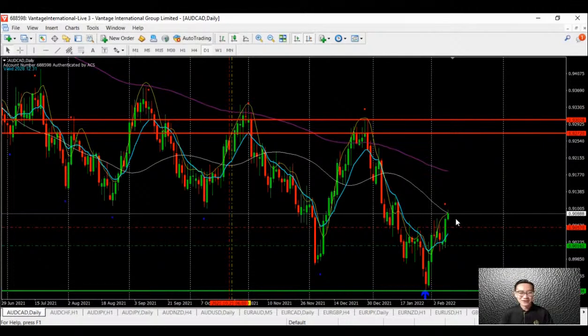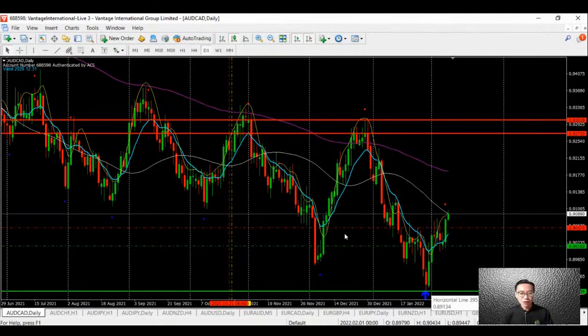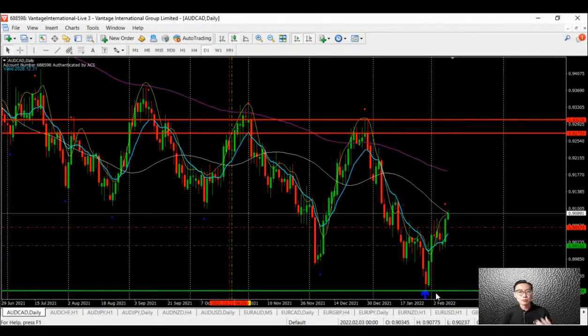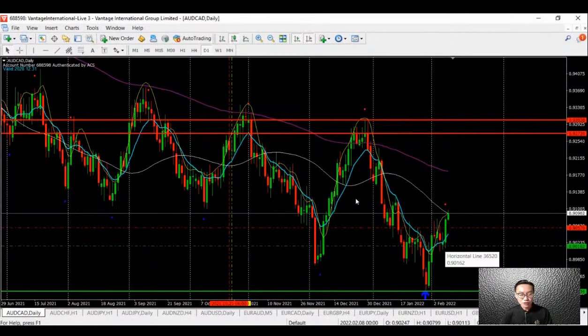Looking at this Aussie Cat, since it tested the support, but of course it has not gone into the bull zone yet, tentatively it is now reversing and meeting up with a new support. It seems like a higher support, a higher low continuing to push.